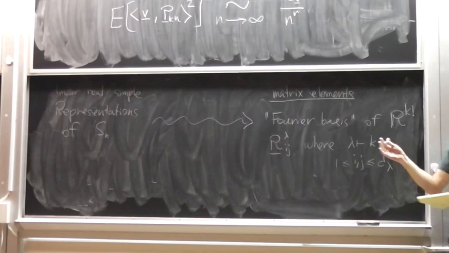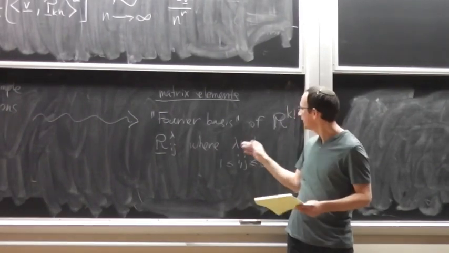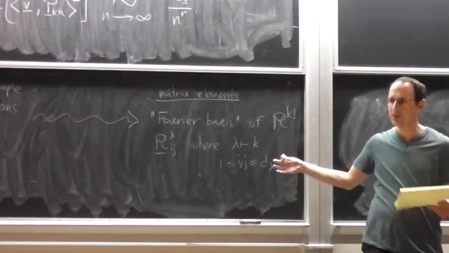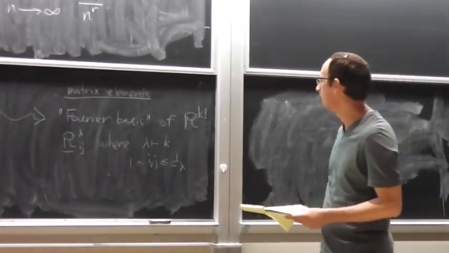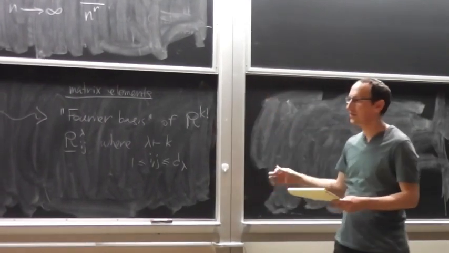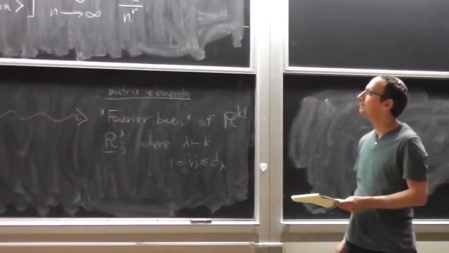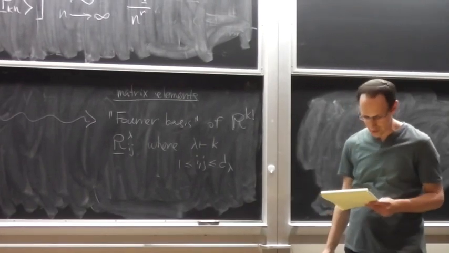Actually, it's the hook length formula of lambda. Together there are k factorial of them, so it's a choice of basis of this space that appears naturally in representation theory.